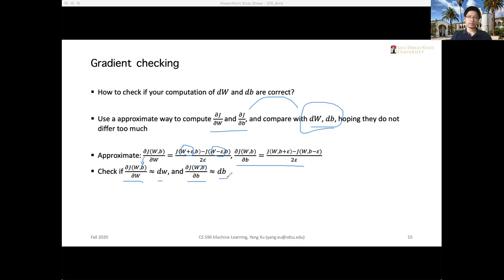So this is something we can try to use if it looks likely that your gradients are a problem, then you can use this way to check. And you want to know which step or which layer or which component in your model has wrongly computed gradients.